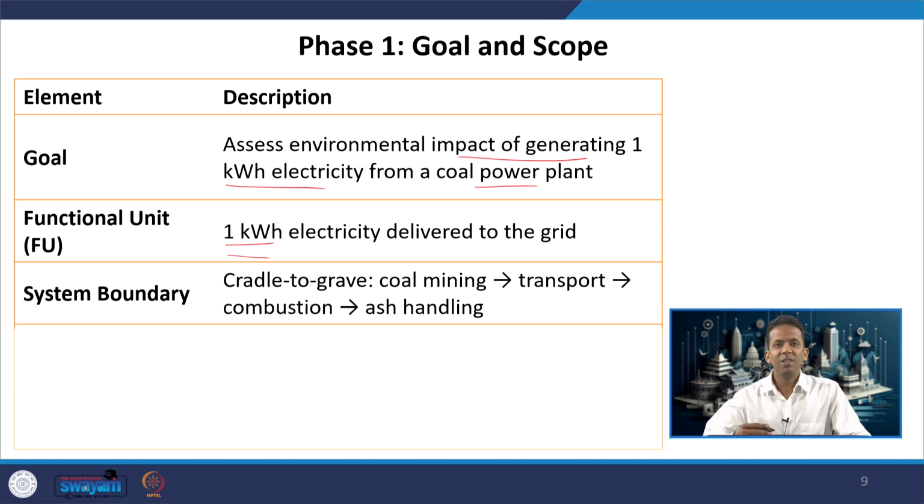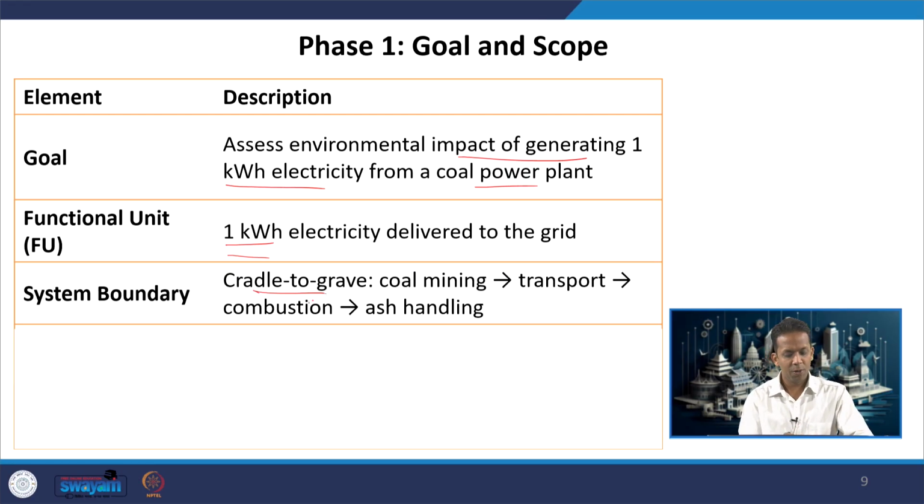We can't have 1 kg coal, because depending on the system's efficiency or the types of coal, there will be many things which need to be specified. But irrespective of types of coal or transportation or change in system efficiency, the ultimate service that is delivered here is electricity. So, based on service, the functional unit is chosen. So, 1 kilowatt hour of electricity is a better functional unit in this case.